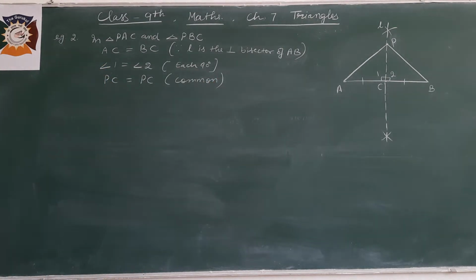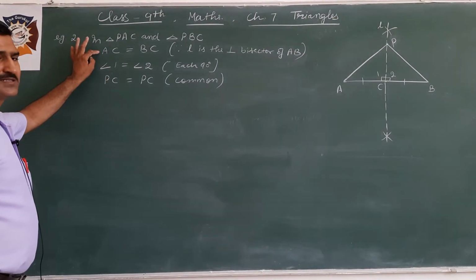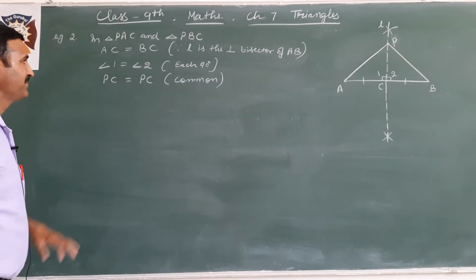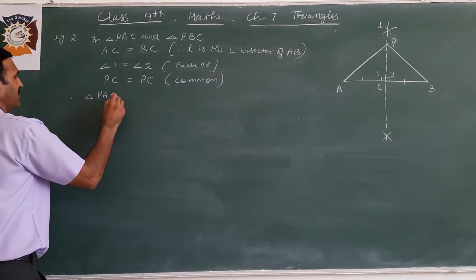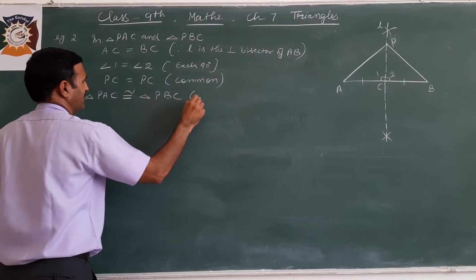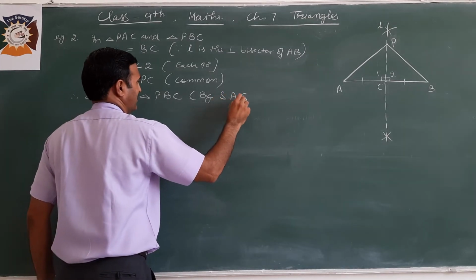So which criteria have I used? Look at the parts: side, angle, then side. Therefore triangle PAC is congruent to triangle PBC by the side, angle, side congruency rule.